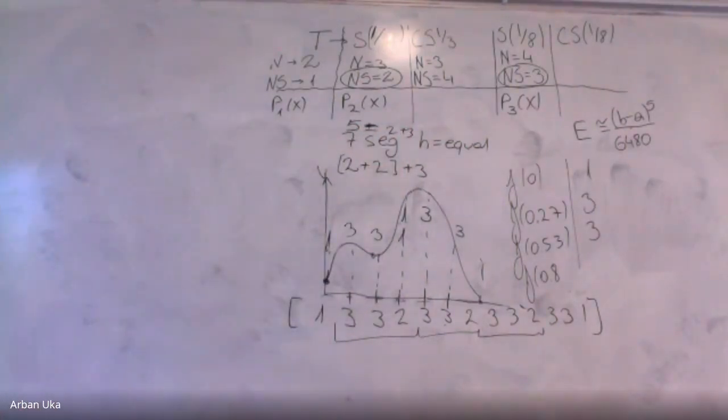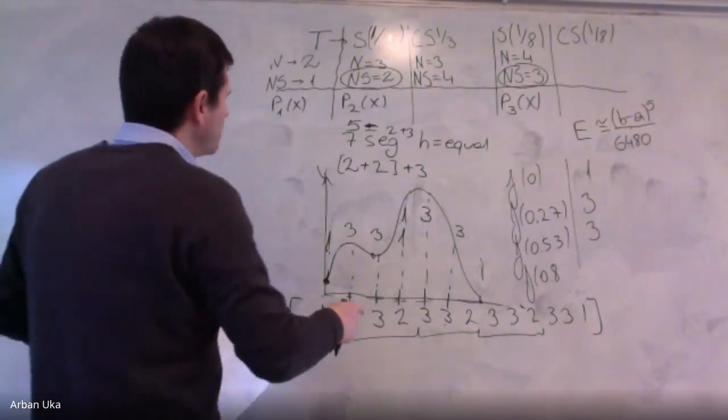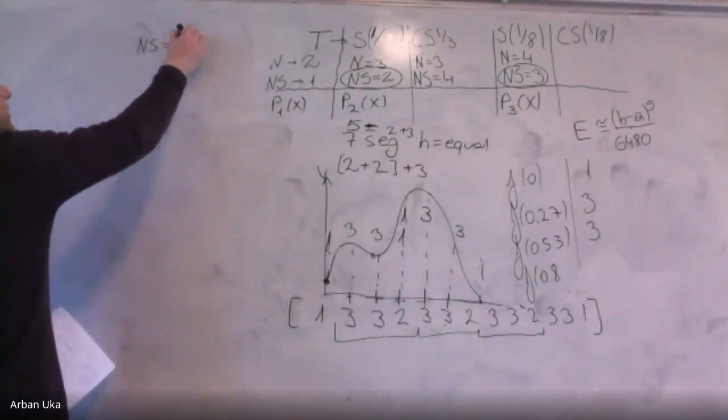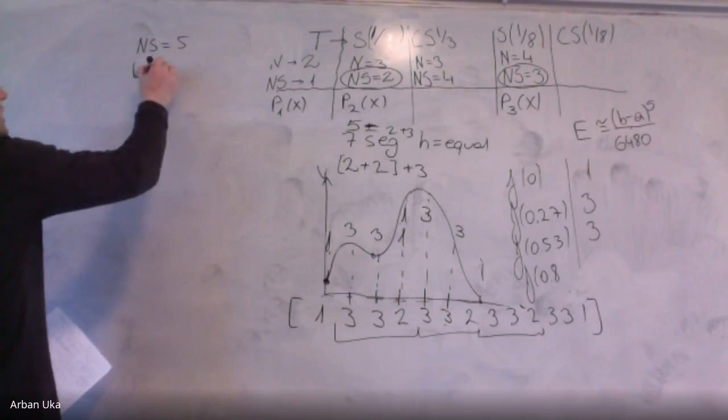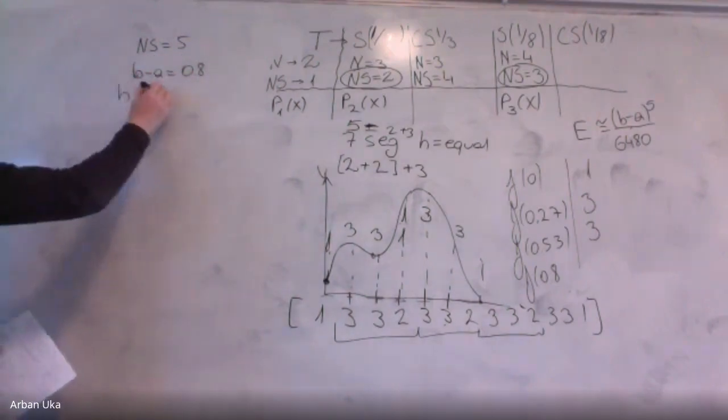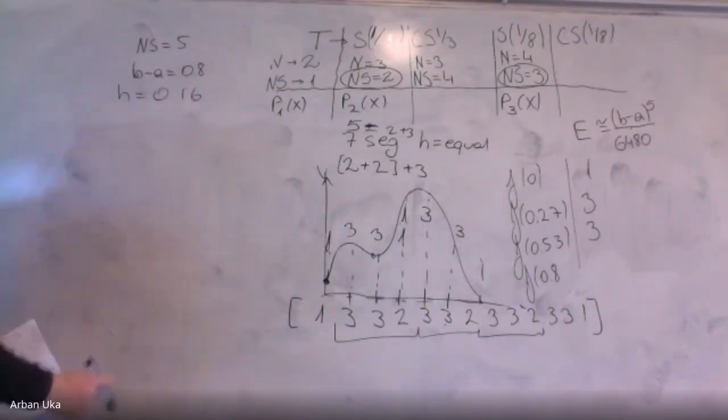So let's see an example. If you have 5 segments, then NS is equal to 5, B minus A is equal to 0.8, which makes h 0.16, okay?